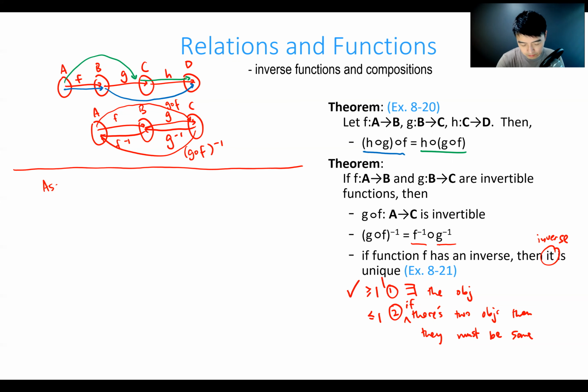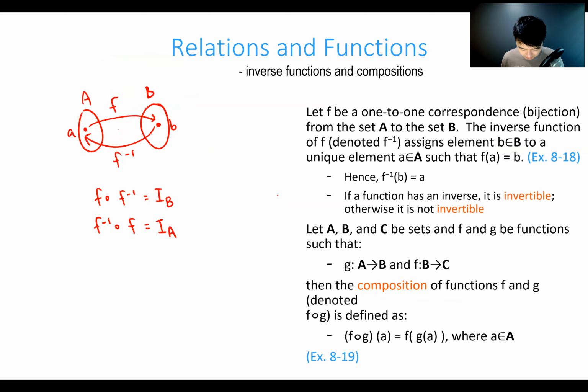So here's my proof. Let's assume that F has two inverses, and we'll call them F inverse 1 and F inverse 2. Since they are both inverses, we can determine that F composed with F inverse 2 is equal to the identity of B. Let's check whether that's true.